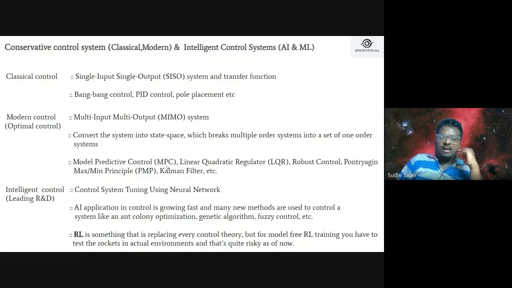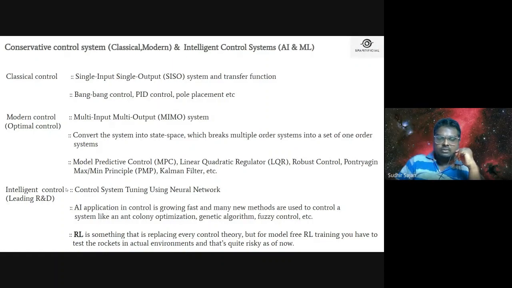If you leave model predictive control behind and come to intelligent control, this is the leading hot research area. People are doing numerous research here. The main aim is to blend machine learning into control theory, thereby replacing, or partially replacing, existing control techniques.